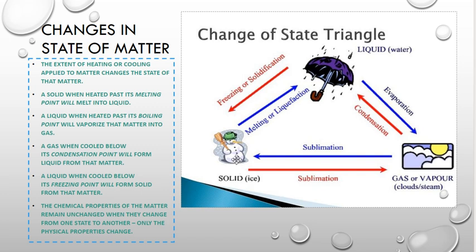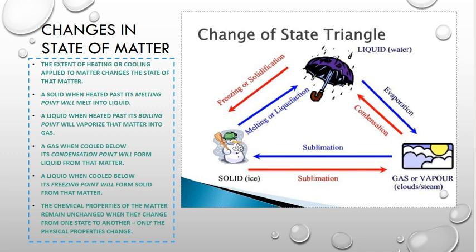So can we convert solid to gas? Yes, we can, through sublimation. Sublimation is the only process that can convert solid to gas or gas to solid. Okay, so we know when we melt the solid, we get liquid.